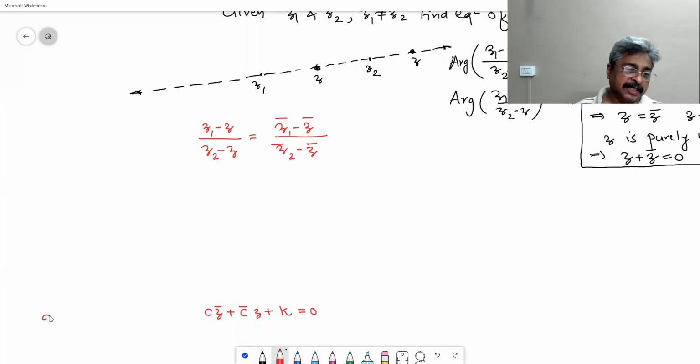This resembles ax plus by plus d is equal to 0. They look alike. So from here, in 3 or 4 steps in between, you get me this.